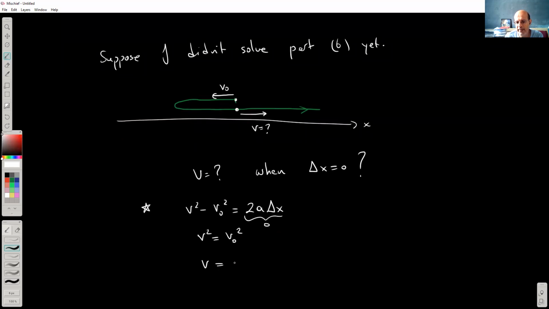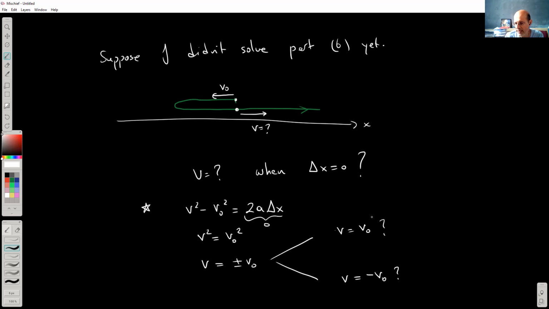So the final velocity is plus minus V0. So there are these 2 solutions. One solution says that the final velocity is equal to the initial velocity. You can check this with physics. And the other one says that the final velocity is equal to minus V0. Again, you can check that with physics.